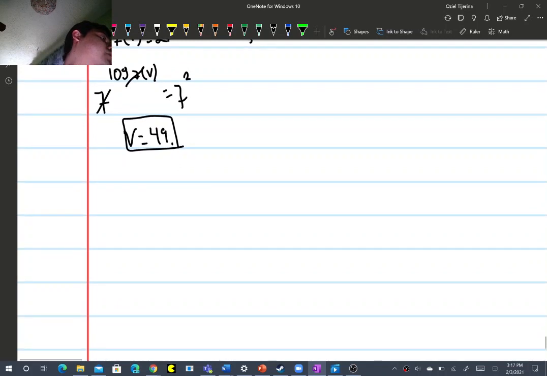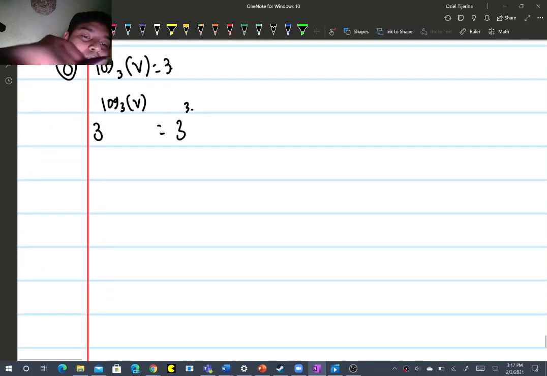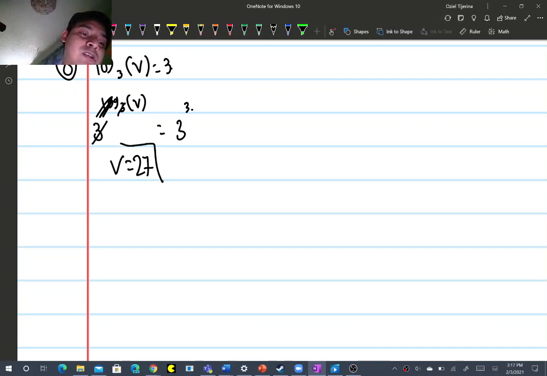For number 8, log base 3 of v is 3, so we can say 3 to the log base 3 of v equals 3 cubed. So this cancels out, and v is 3 cubed. 3 times 3 is 9, and 9 times 3 is 27, so your answer ends up being 27 for that one.